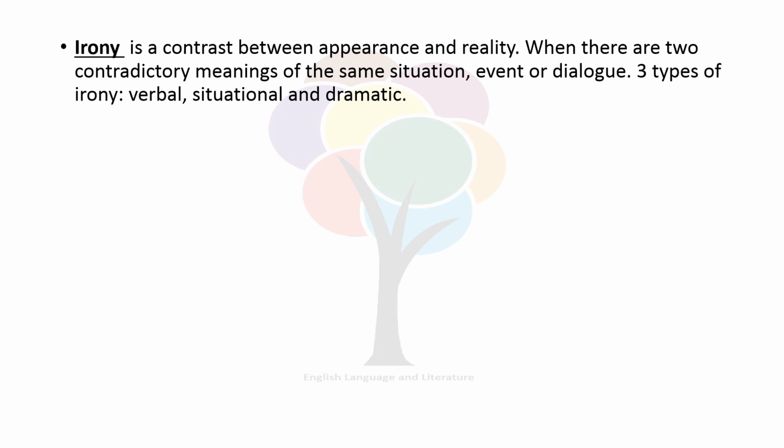There are 3 types of irony: verbal, situational, and dramatic. Verbal irony means when a writer says one thing but means something entirely different. Situational irony occurs when something happens that is entirely different from what is expected, and dramatic irony occurs when the reader knows information that the characters do not.